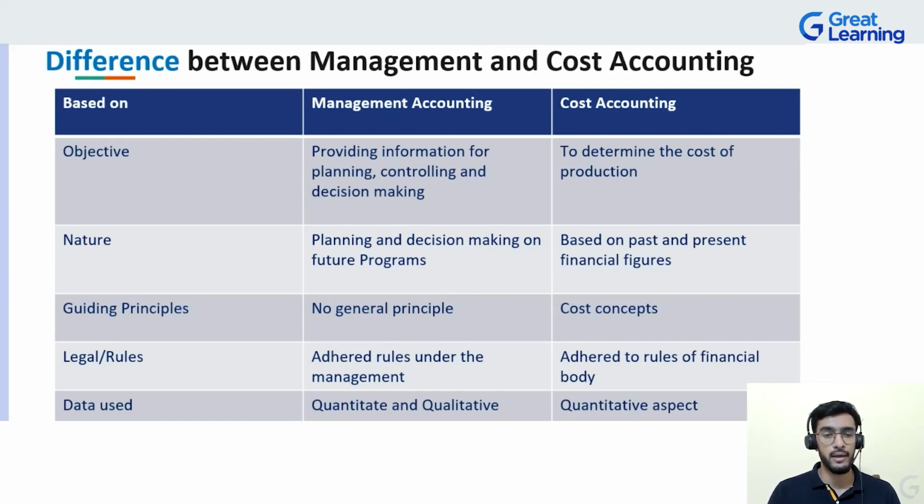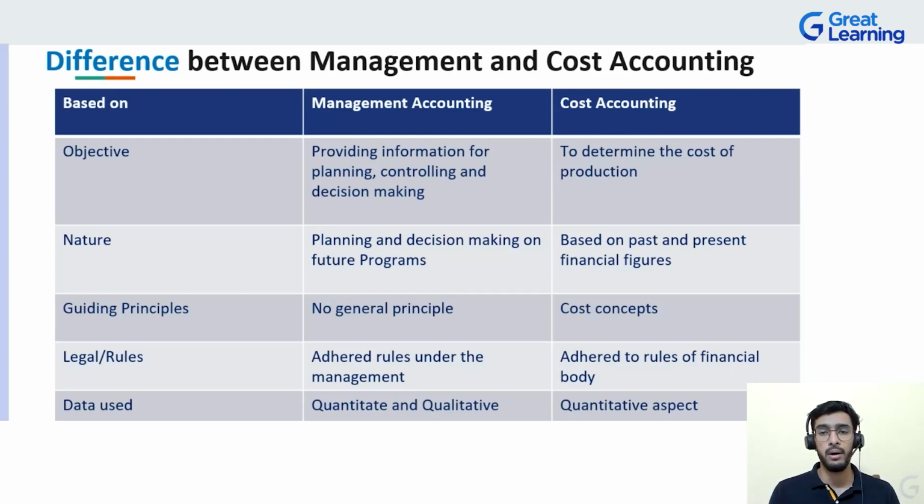Now, coming to the data used. The data used by management accounting can be both quantitative and qualitative. The information provided by management accounting is also both quantitative and qualitative. He works upon quantitative and qualitative data and also provides them, as we discussed in the earlier difference.